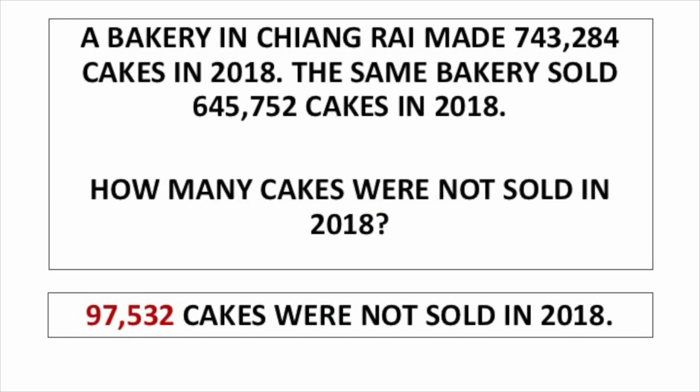So we can say 97,532 cakes were not sold in 2018. Excellent. That's how we correctly answer the word problem. Take the larger number, then minus the next number will give us our answer.